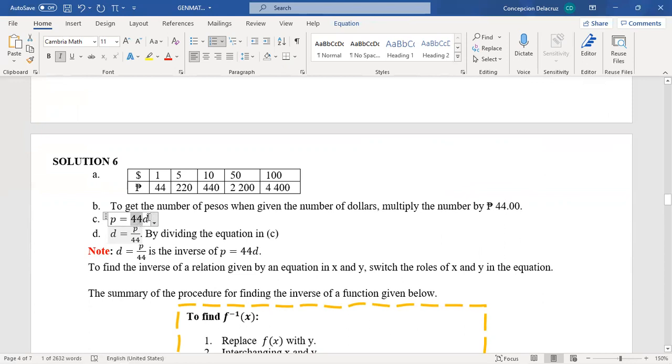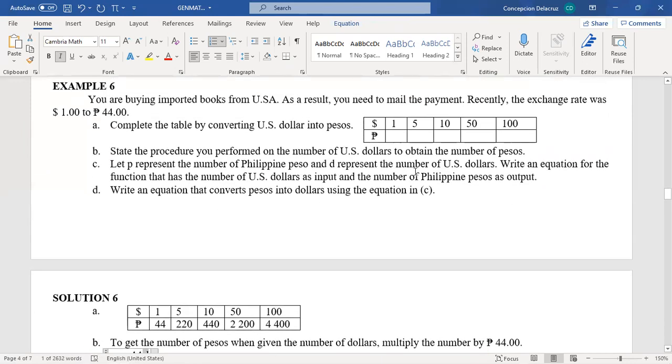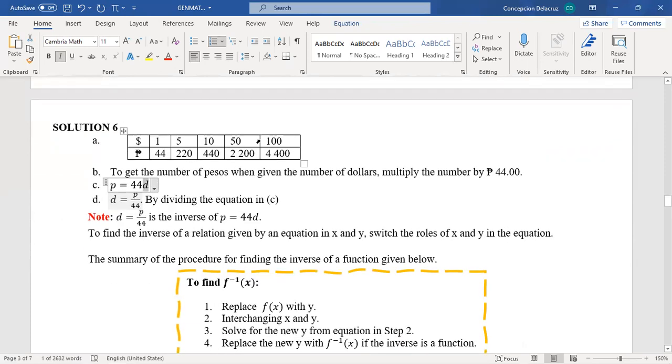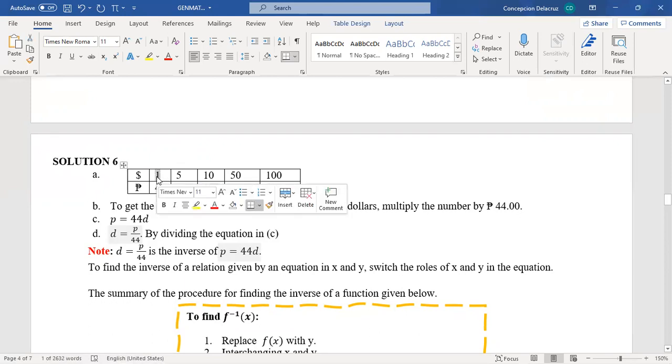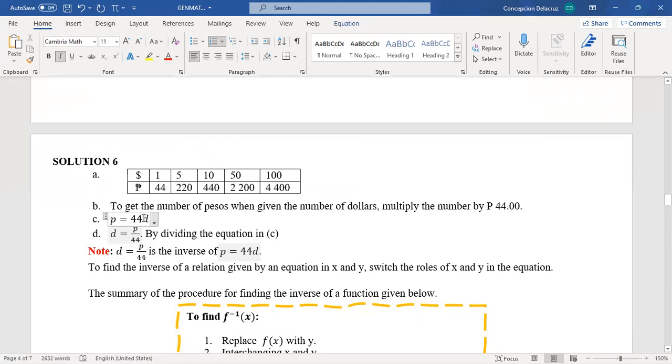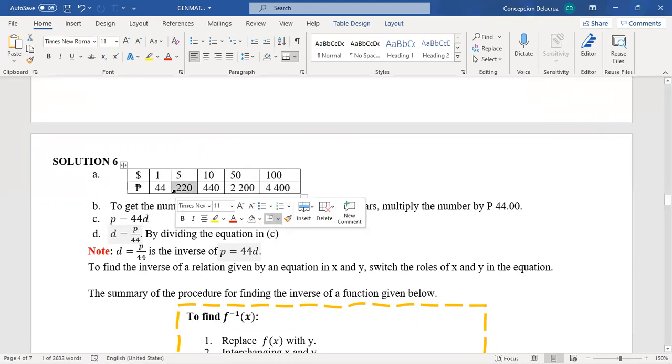And D is denoted as the number of US dollars. By using this formula, we directly substitute the value of D. So 44 times D, which is 1, gives 44. Substituting 44 times 5 for D, we get 220.